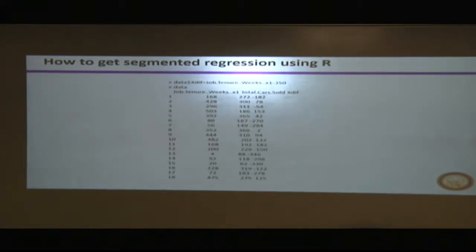I also wanted to add another column to the original table. What I did is I used a dollar sign here. I want to add the job tenure minus 350 to the new table, and I refer to this value as x diff, which means the difference between job tenure and the breakpoint 350. So we can get the table here.